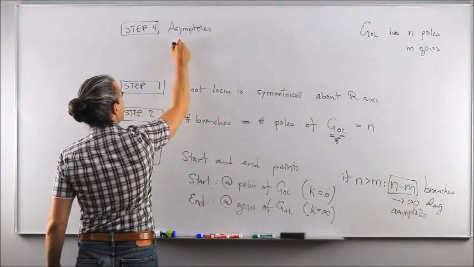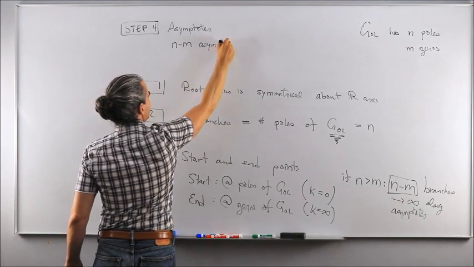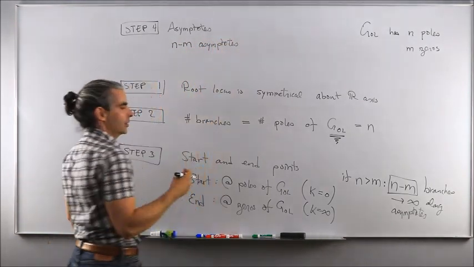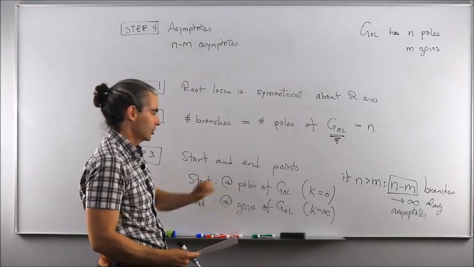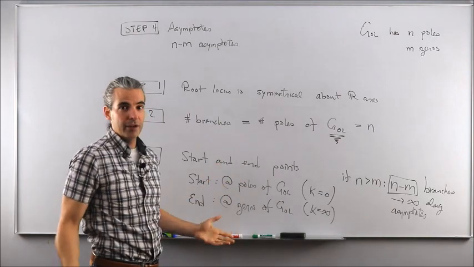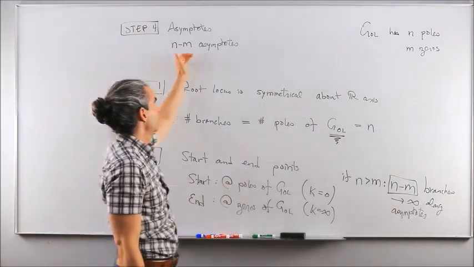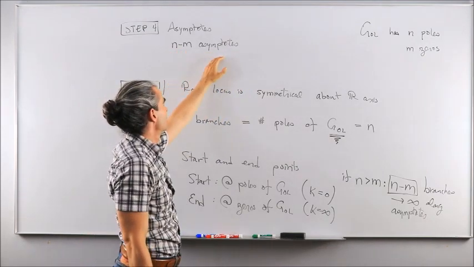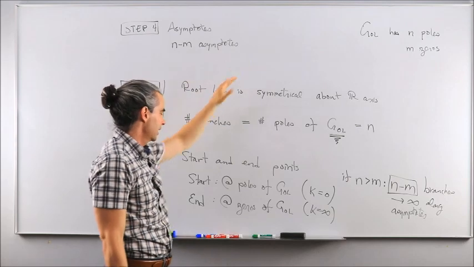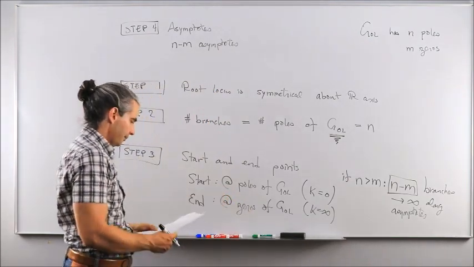We have n minus m asymptotes, because think of asymptotes as a replacement for zeros that you don't have enough of to catch all the poles. But those poles you have in excess need to go somewhere, right? And that somewhere is along asymptotes. That's why you need n minus m asymptotes for these additional poles that cannot be caught by the zeros in the end.